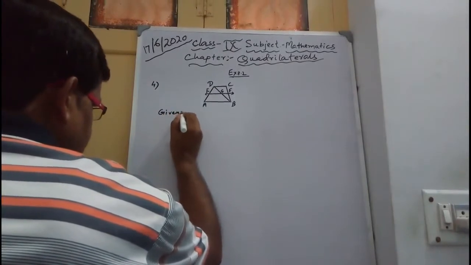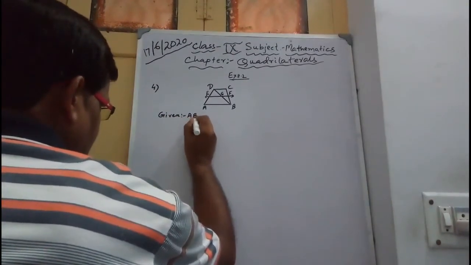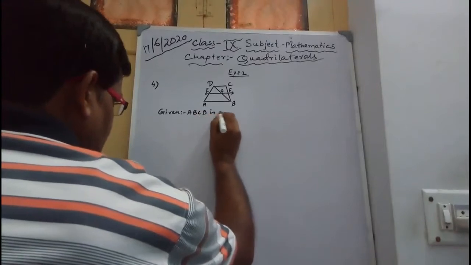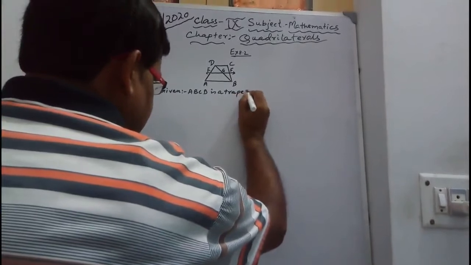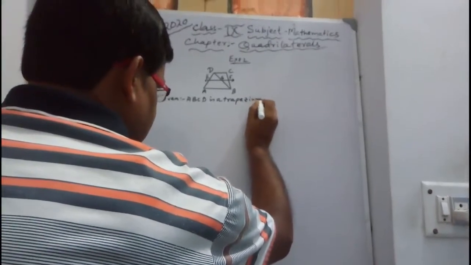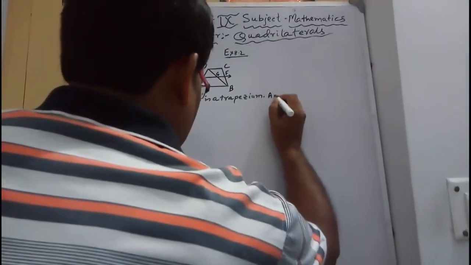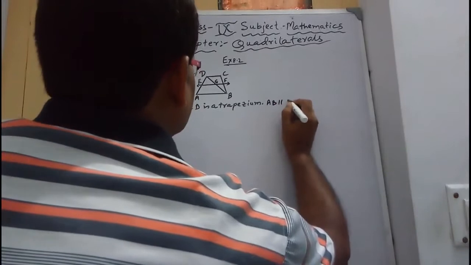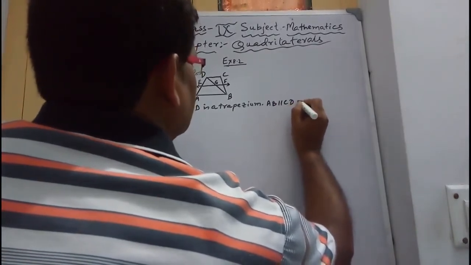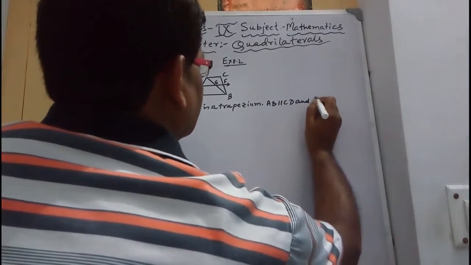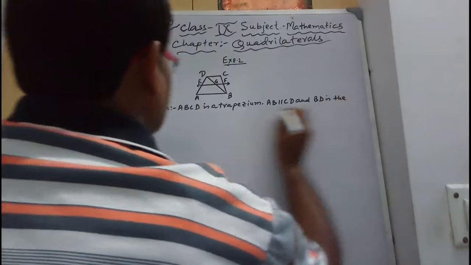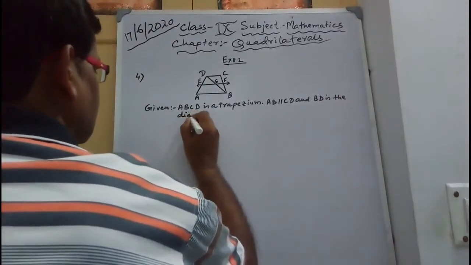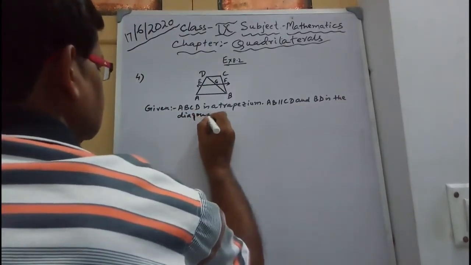Now see, given: ABCD is a trapezoid, AB parallel to CD, and BD is the diagonal.